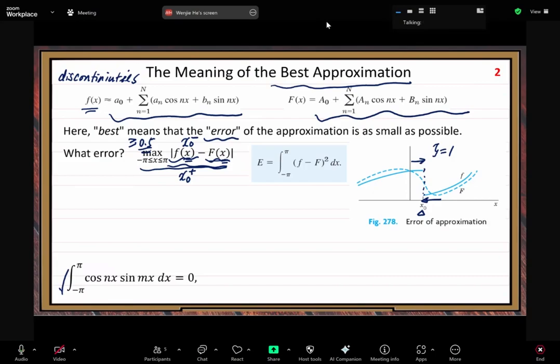If you're close to the higher value, then the difference between capital F and the lower value will be larger than 0.5. If you're close to the lower one, then the difference of the capital F value with the higher one will be greater than 0.5. You can never do better than 0.5.